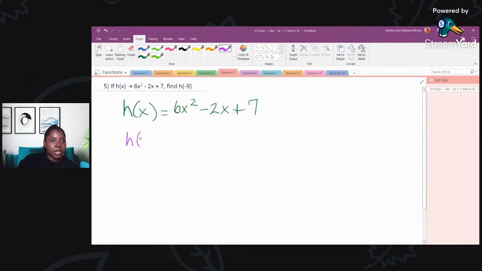Okay, h of negative 9. So again, every time we see x, we're going to replace it with negative 9. So instead of x, I'm going to let you guys do this. I'm just writing it so you guys can see it. Okay, go ahead and try this one and let me know what you get.